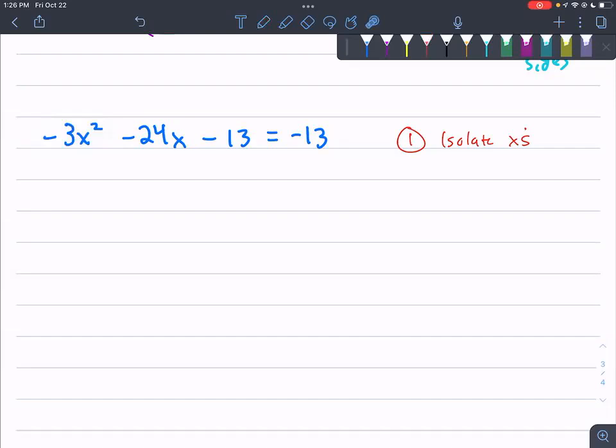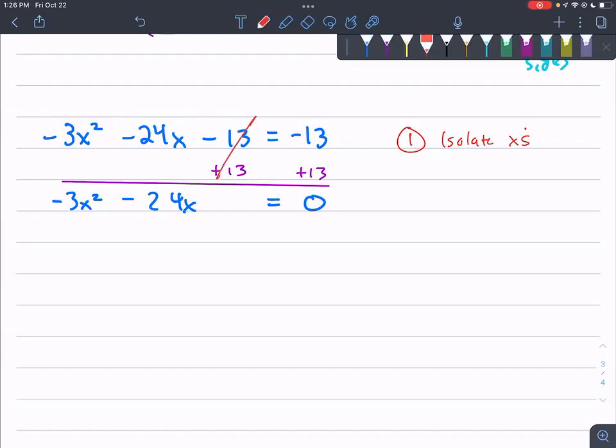So we got the negative 3x squared, we got the negative 24x, and the 13 we want to get rid of. Add 13. And then we've got negative 3x squared minus 24x equals 0. If you don't have anything on the right side, you do have to put a 0 there.